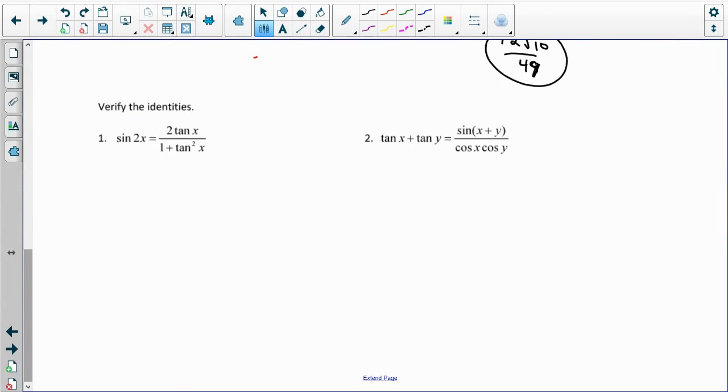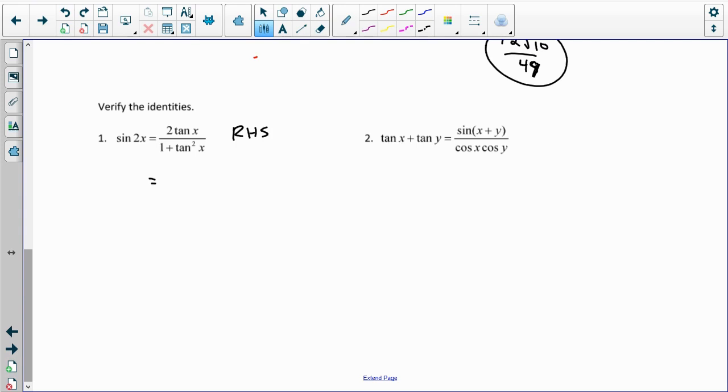Sine of 2x equals 2 tangent x over 1 plus tangent squared x. I'm probably going to use the right-hand side because it just looks a little bit more complicated.